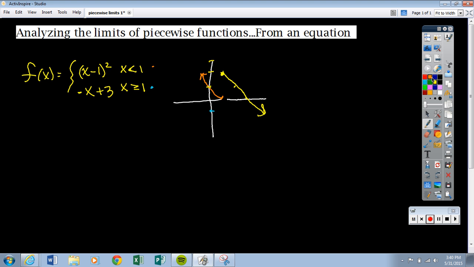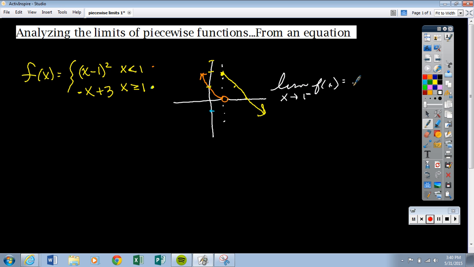And let's think about the limit now as x approaches 1, okay? So if we were asked to do that, the limit as x approaches 1 of f of x. Well, the thing is, now, just like the other video, when I'm approaching this x value of 1 from the left, you can even kind of dash it if it helps out, then I'm trying to get to 0 from the left.